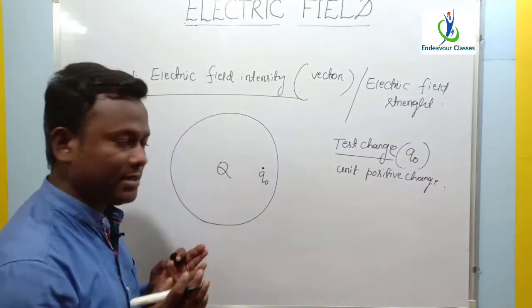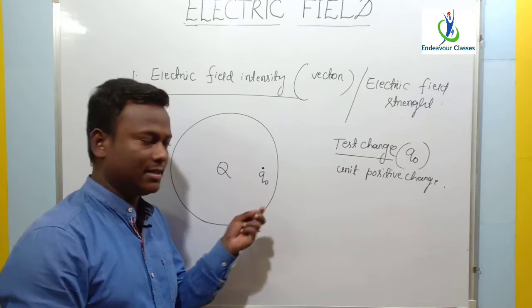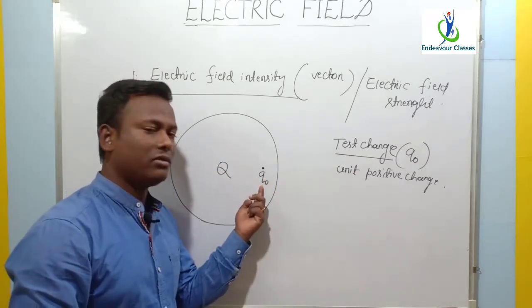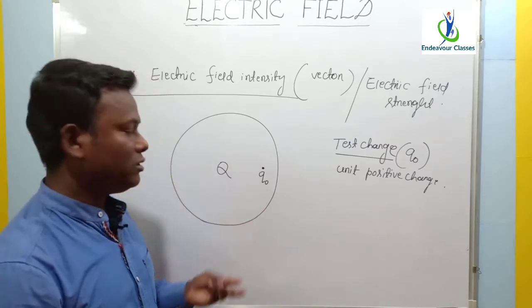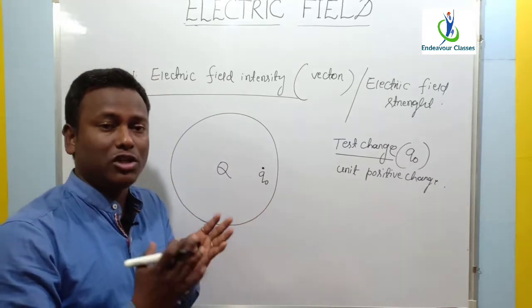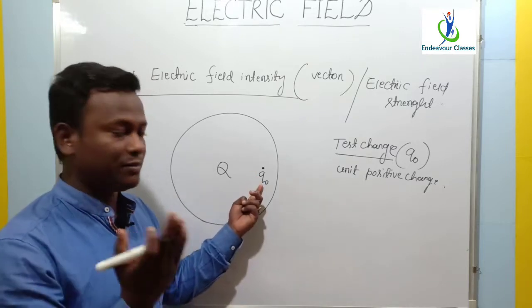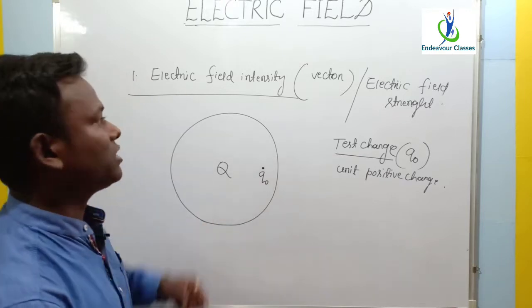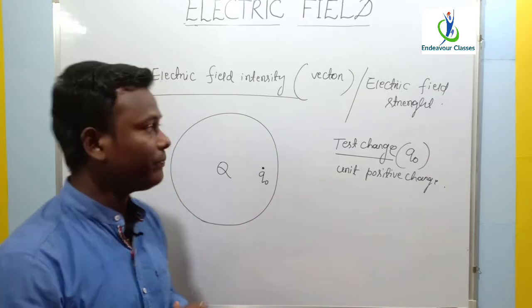If you take a unit positive charge inside the electric field of this charge, then this charge will experience a certain amount of force. That amount of force, the magnitude or the strength of the force experienced by this unit positive charge, is called the electric field intensity or the electric field strength.